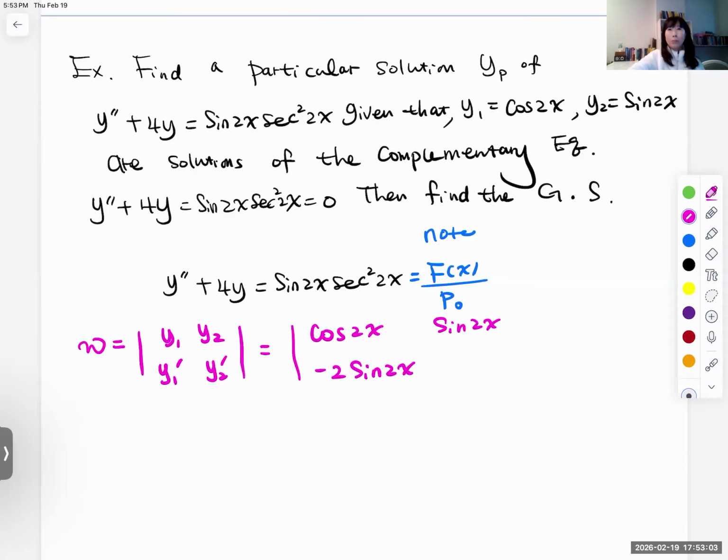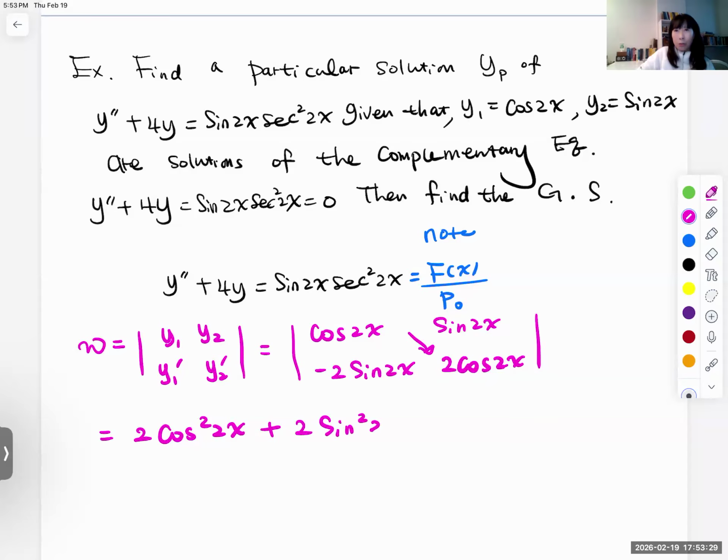Okay, now the derivative of sine 2x is cosine 2x times 2. Yeah, so 2 cosine 2x. Multiply, so we get 2 cosine square 2x plus 2 sine square 2x.